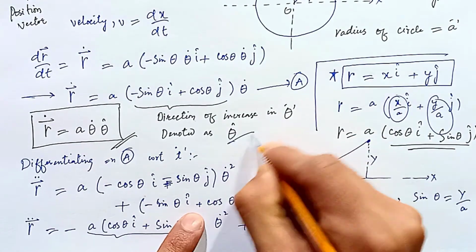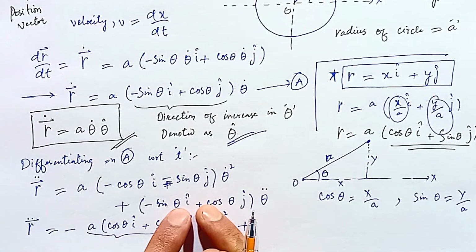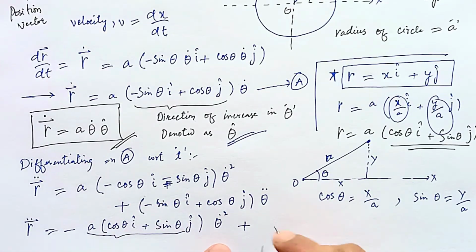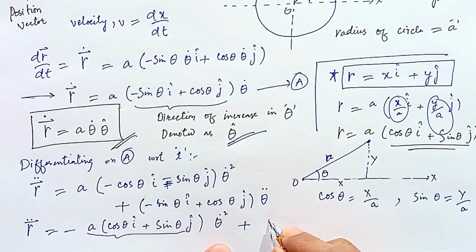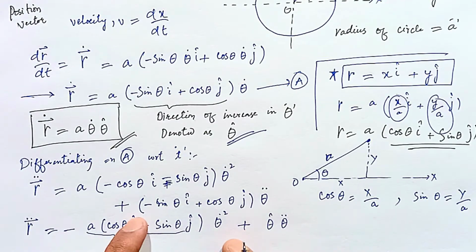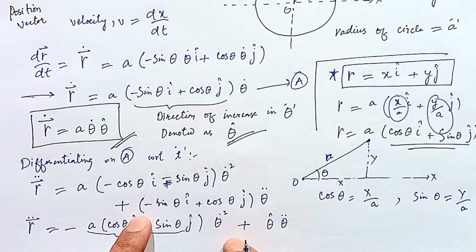So this is theta hat and this is the r vector. So we will substitute here theta hat into theta double dot. Okay, and I'm missing something here.